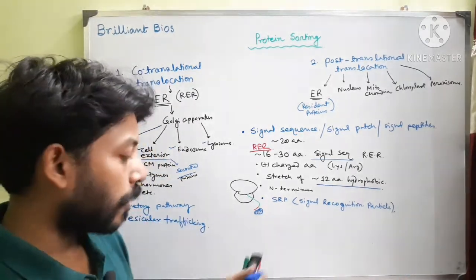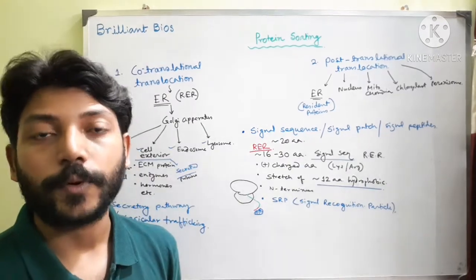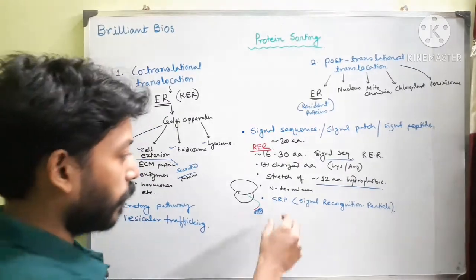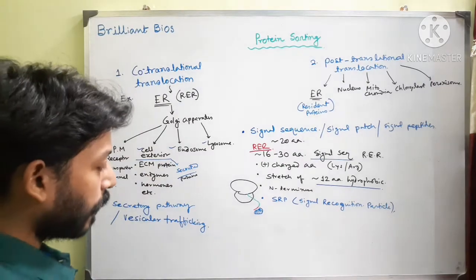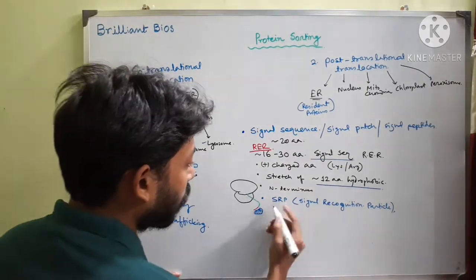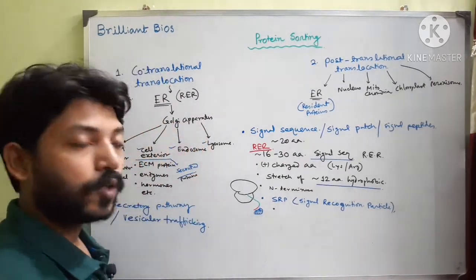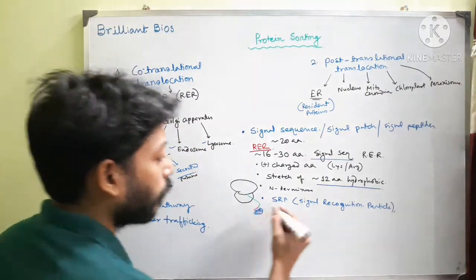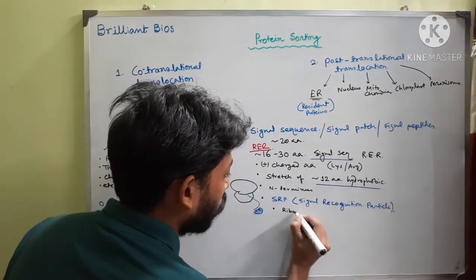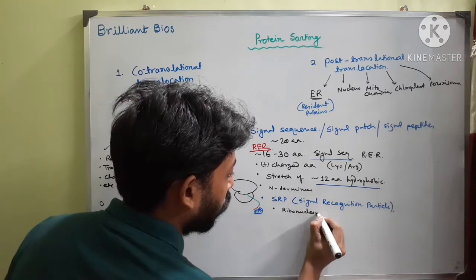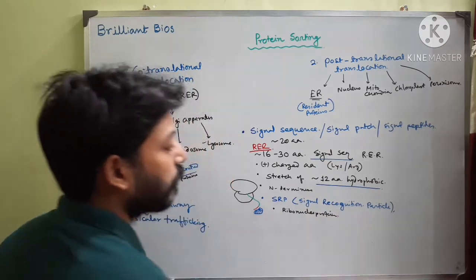Now there is some information about this signal recognition particle. The signal recognition particle is not only made up of protein, it is actually a ribonucleoprotein. What does it mean?